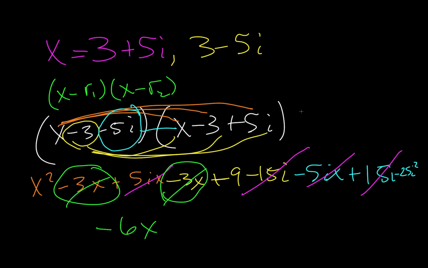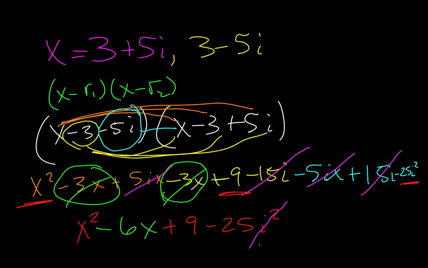And then I'm just going to write the rest of what we have, and then we'll talk about how to deal with it. So we still have an x squared, we still have a plus 9, we still have a minus 25i squared. Alright, so what we want to do on this is remember our shortcut when we were multiplying complex numbers.